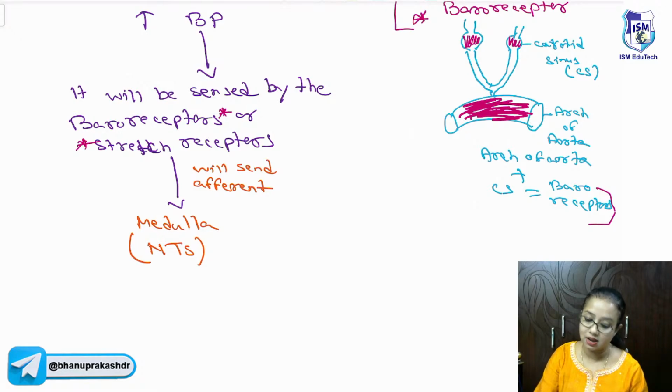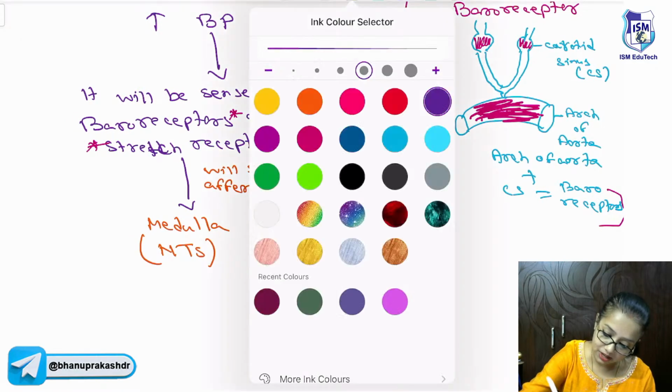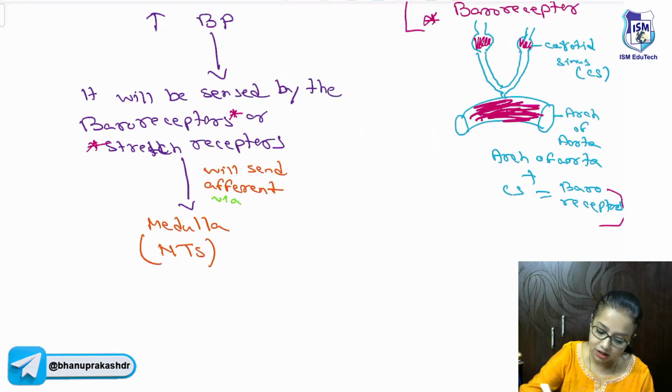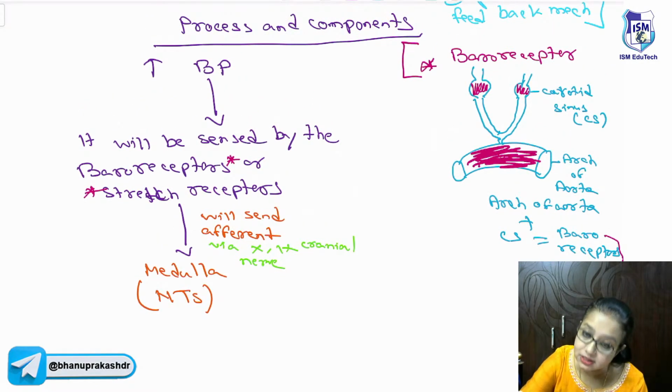Now, this afferent will be sent by the two nerves innervating the carotid sinus and the arch of aorta, via the 10th and 9th cranial nerves. The carotid sinus is innervated by the 9th cranial nerve, the glossopharyngeal, whereas the arch of aorta is innervated by the 10th cranial nerve, the vagus.